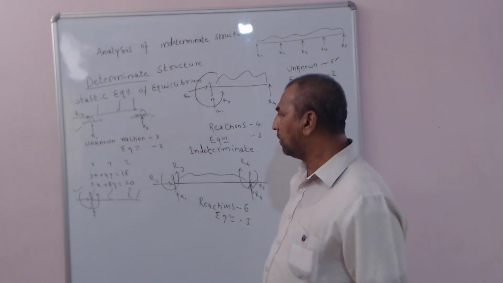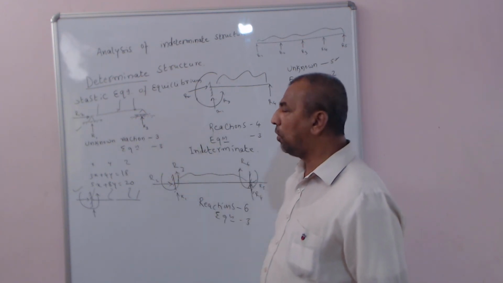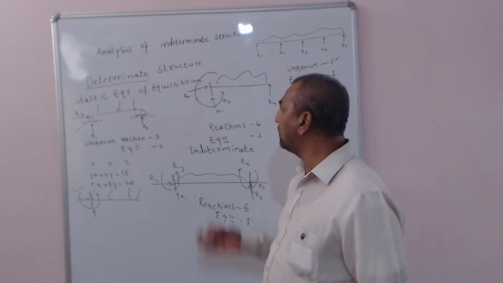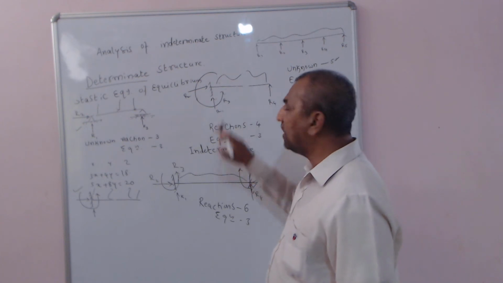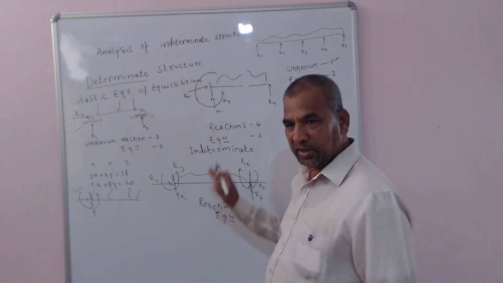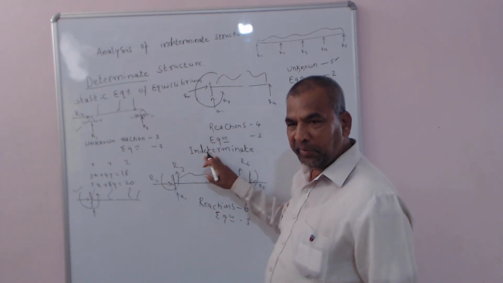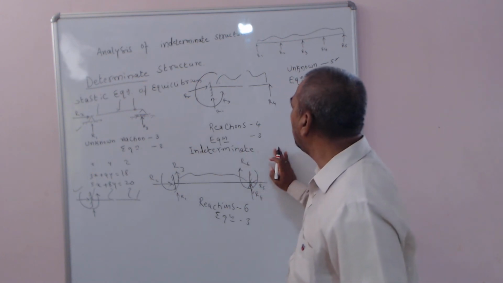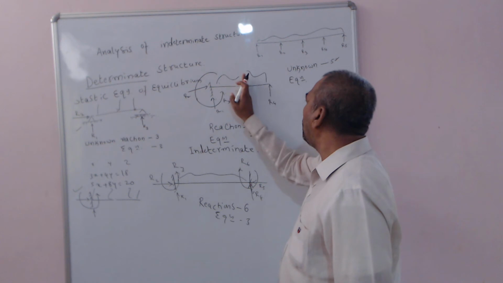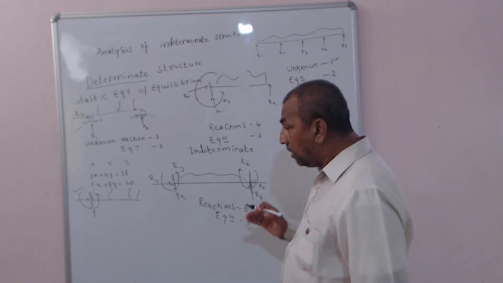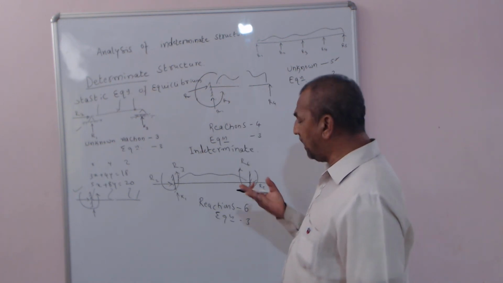Yes, then only the structure will be determinate. You may say, sir, I will cut this particular structure into two parts so that I will get 6 equations. Will it become determinate at that time? Please check it. If you are cutting here, what type of reactions, how many reactions are you getting there?